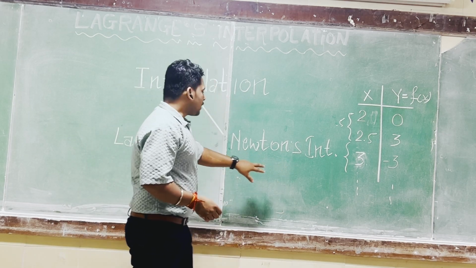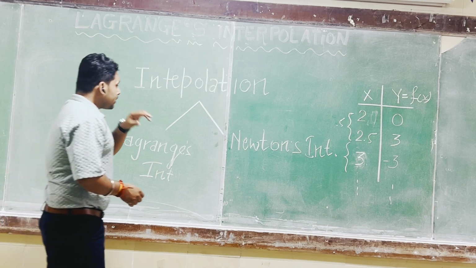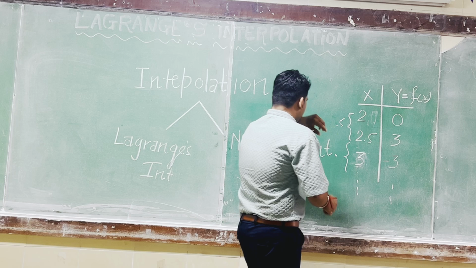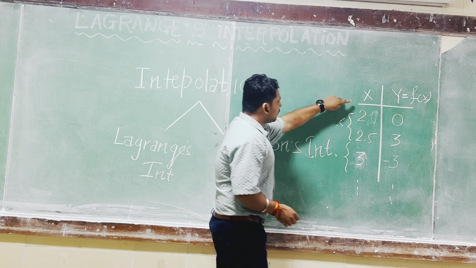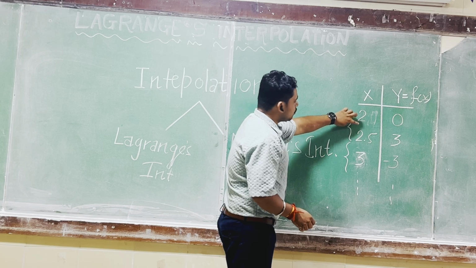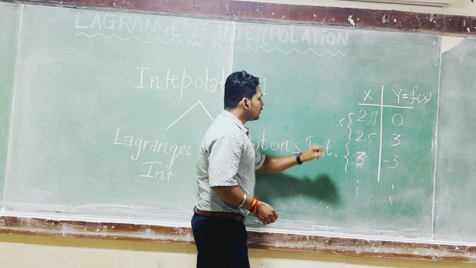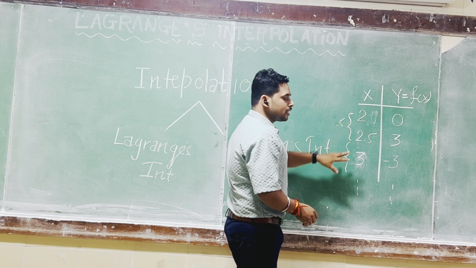Let me discuss why these two methods are different. Interpolation is totally based on the data. Suppose the data given has x values 2, then 2.5, then 3. Our data is equally spaced.